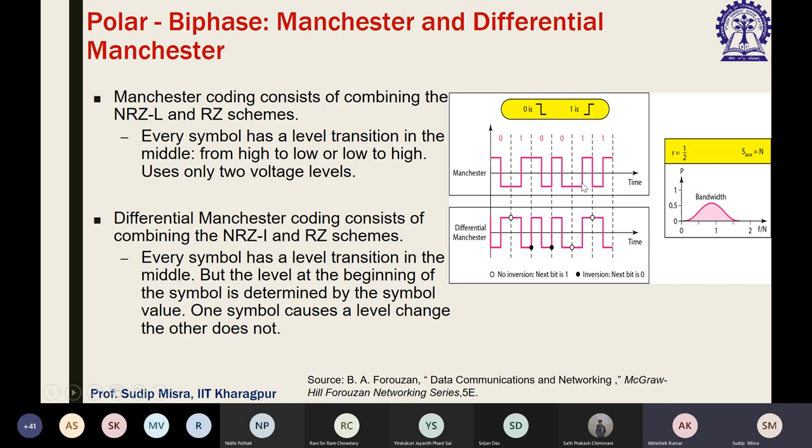Next bit is 0, inversion. Next bit is 0, inversion. Next bit is 1, no inversion. Next bit is 1, no inversion. Is it clear?